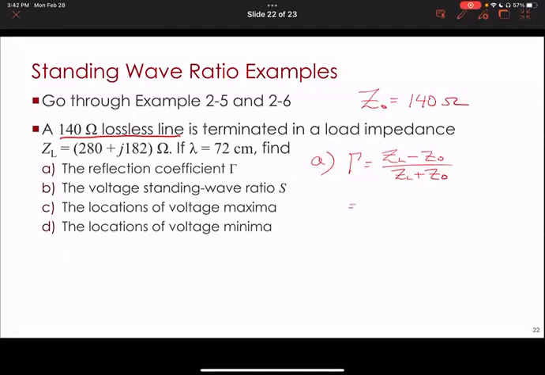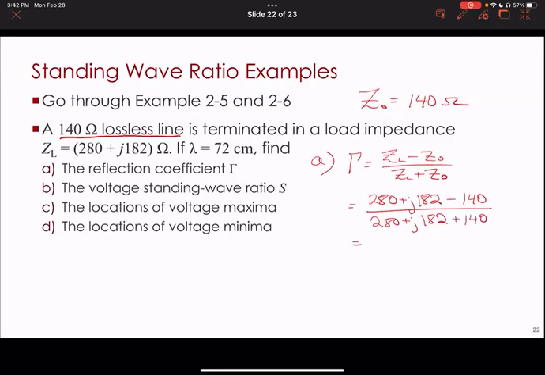So our ZL is 280 plus j182 minus our Z naught, which is 140, divided by ZL again, 280 plus j182, but this time it's plus Z naught, so plus 140.